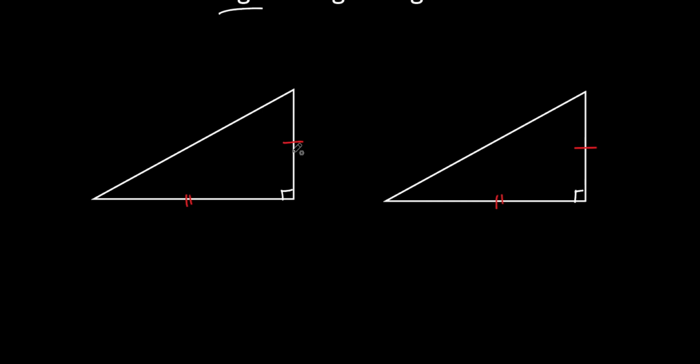How do you know they're right triangles? Because of the little square thing right there. So what is this side right here? This is a leg of the triangle. And what is that side? So I got one set of legs that are equal, and what else?